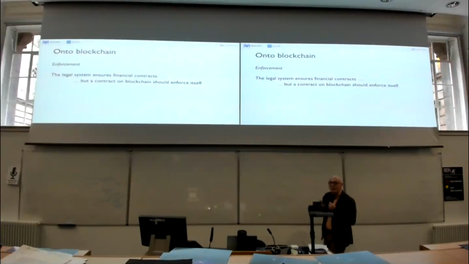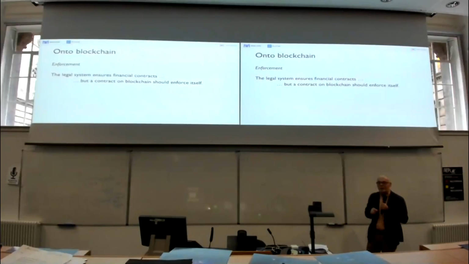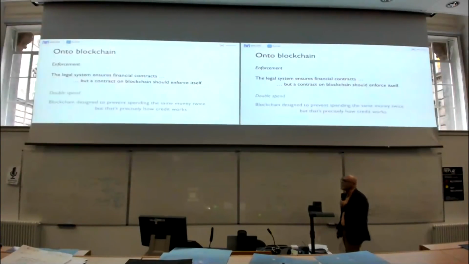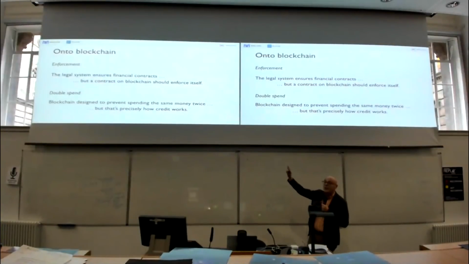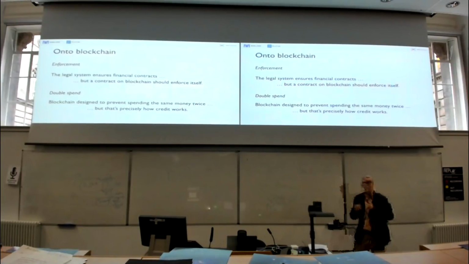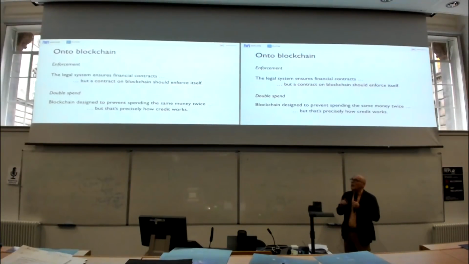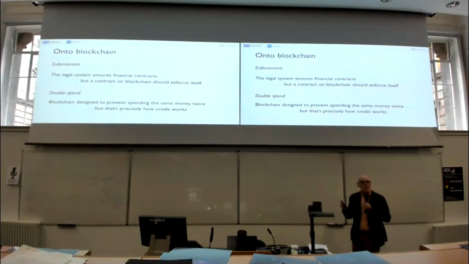I suppose the other thing, a note of caution, if you like, is the other thing that happens when you look at cryptocurrencies and you're thinking of running things on blockchain. These things are designed not to allow you to spend the same money twice. That's a good thing. If you have money in your pocket, you can't spend it twice. The problem is that a lot of the financial system depends on you spending money twice.